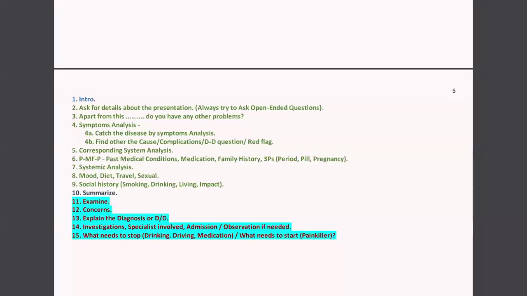For easier way, I divide the 15-minute consultation station into 15 points.